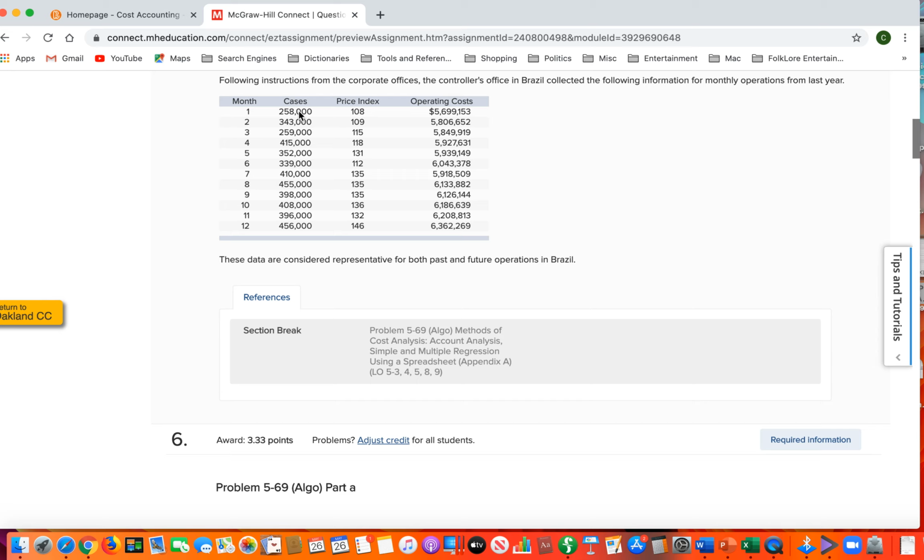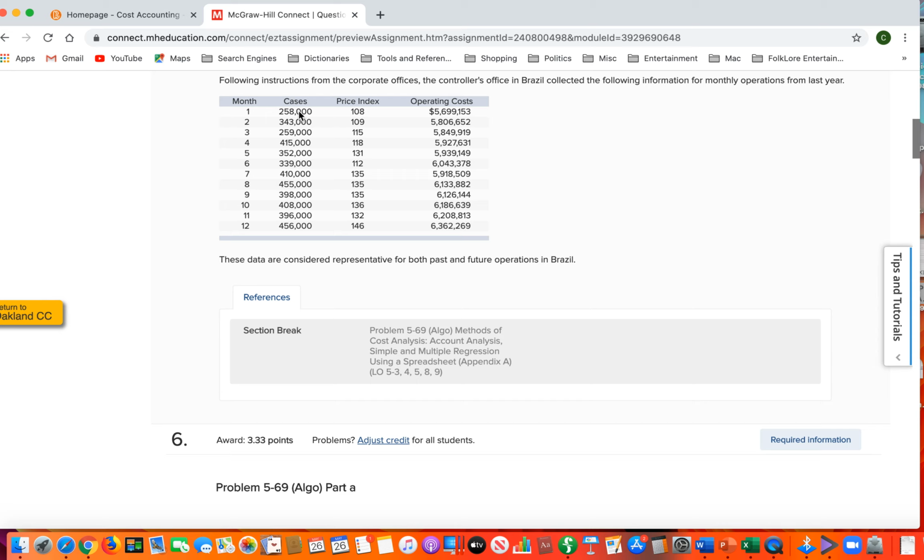Now we have that. We're going to take the highest cost, or we could have taken the lowest, but I'll take the highest: 6,362,269 minus, in parentheses, 456,000, that's the associated number of cases, times 3.34907 or 3.35.